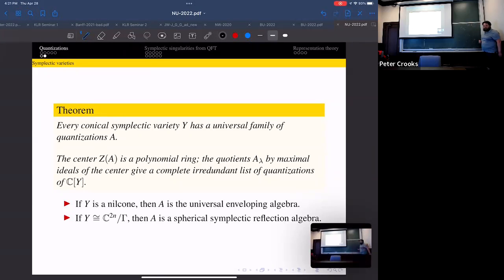The universal deformation of this is to deform it to a generic smooth surface. So that's the kind of thing you should think about.